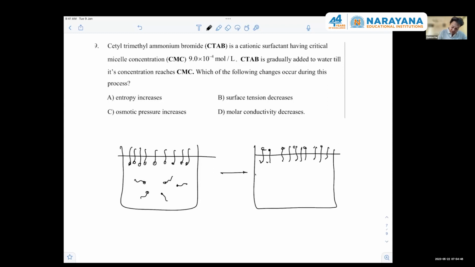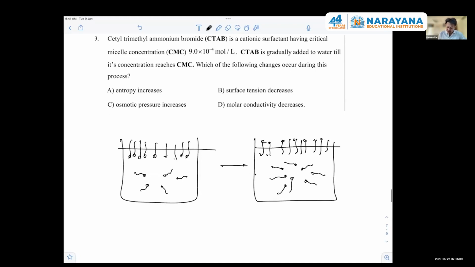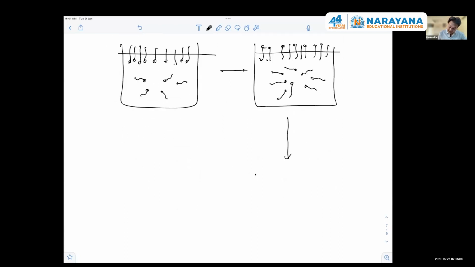Initially fewer molecules are at the surface, and then subsequently more molecules are there, and the concentration in solution is steadily increasing. As soon as it reaches a certain value, micellization starts.